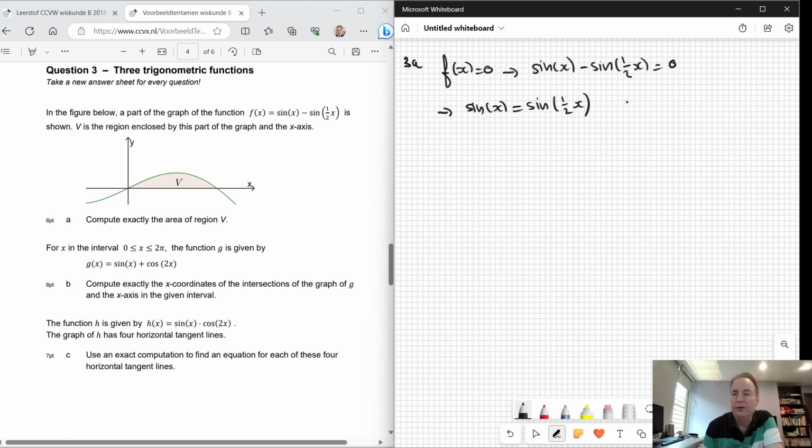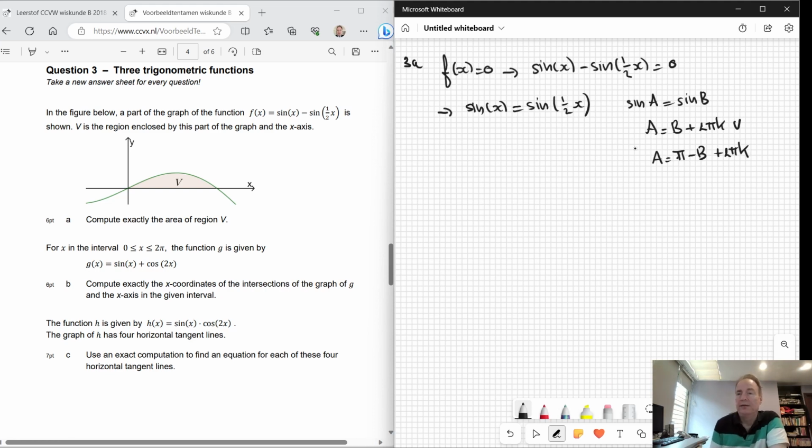And what you use is that if the sine of A is the sine of B, you can say that A equals B, of course, plus 2 pi k, or because of the symmetry properties of the sine, or A is pi minus B plus 2 pi k.